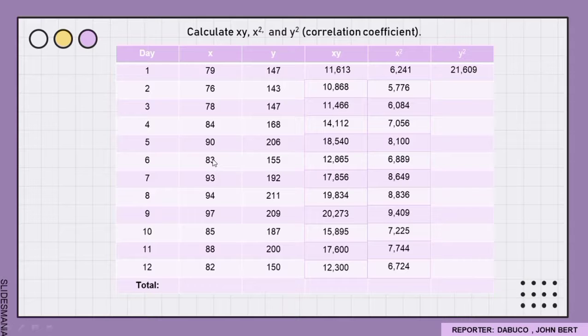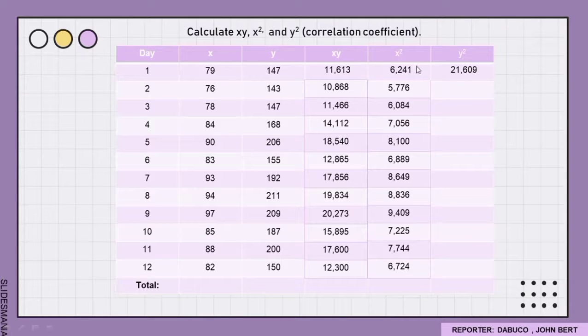Day 4, we have 7,056. Day 5, 8,100. Day 6, 6,889. Day 7, 8,649. Day 8, 8,836. On day 9, we have 9,409. Day 10, 7,225. On day 11, we have 7,744. Day 12, we have 6,724.